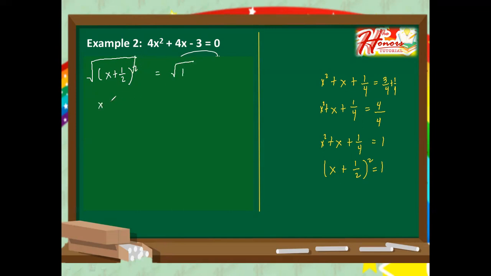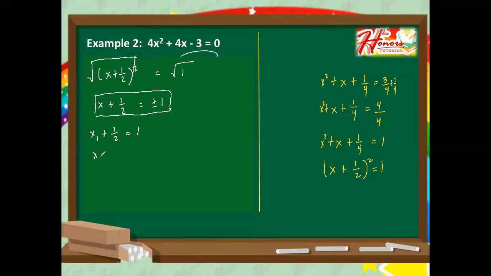It will become x plus 1/2 equals positive negative 1. And then we will use this equation for us to get x sub 1 and x sub 2, or the roots of this equation. So let's have x sub 1 plus 1/2 equals, let's use positive 1, so equals 1.